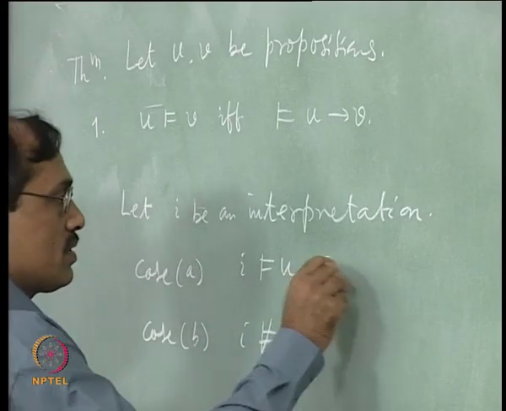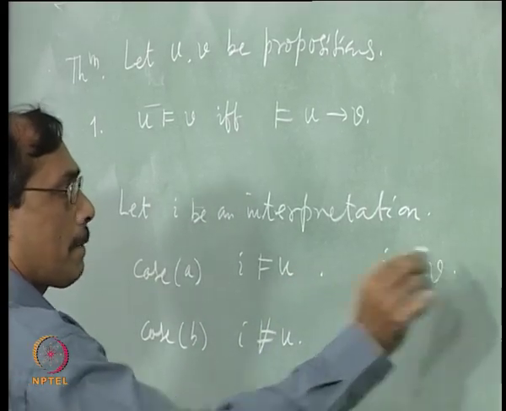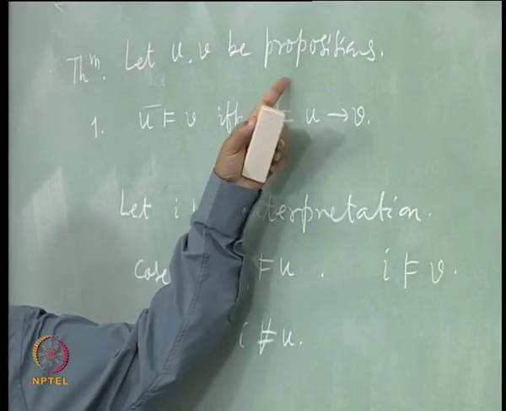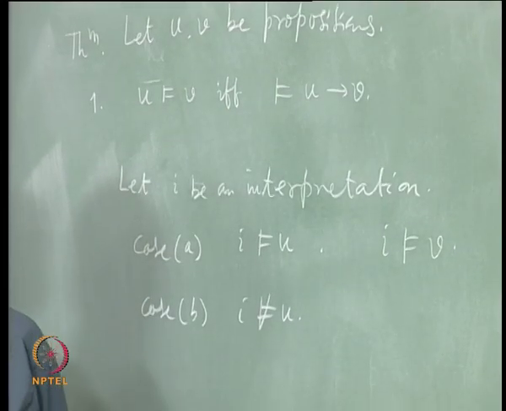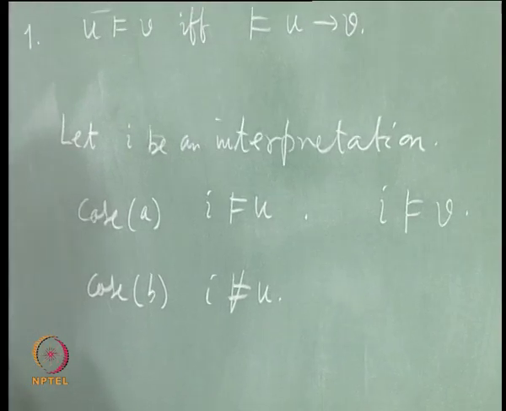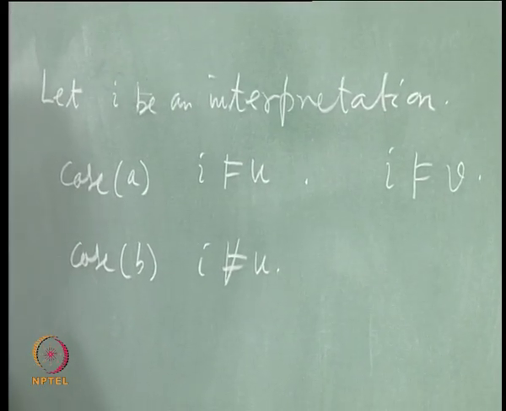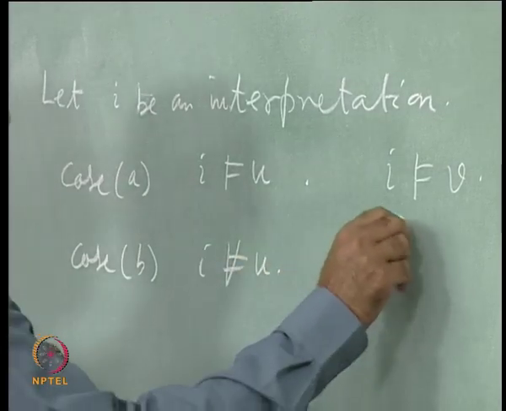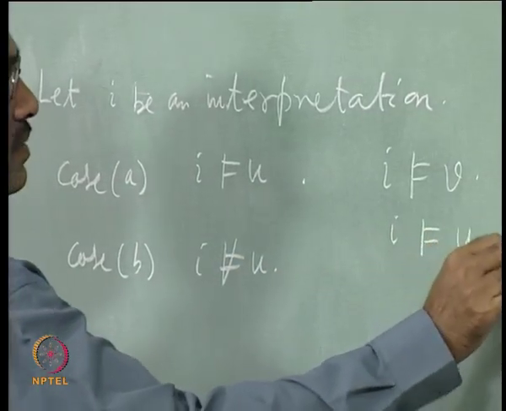So, this gives I is a model of v. If I is a model of v, then I is a model of u implies v, because u implies v is true when v is true, right. So, this case says I satisfies u implies v.